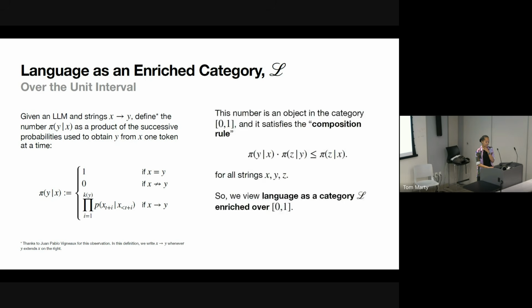When you make this definition, then you can check. You get exactly this inequality that you wanted. So the point is, if I define these probabilities of substring containment as that generated by a language model, this allows us to view strings as a category enriched over this unit interval.